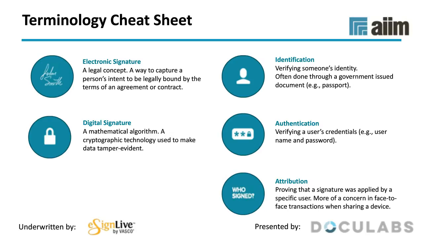So the law talks about electronic signatures, not digital signatures. As I just covered, an e-signature is about capturing a permanent record of intent. It is truly the equivalent of a wet ink signature. A digital signature, on the other hand, is an encryption technology. Digital signatures are used in many applications, but essentially what you want is for your e-signatures to use digital signatures.